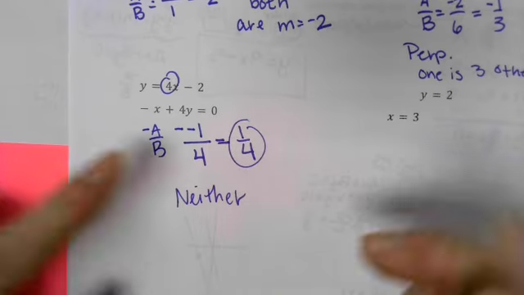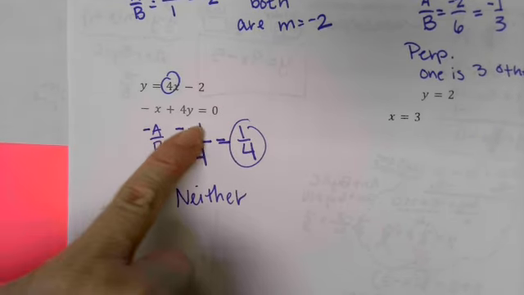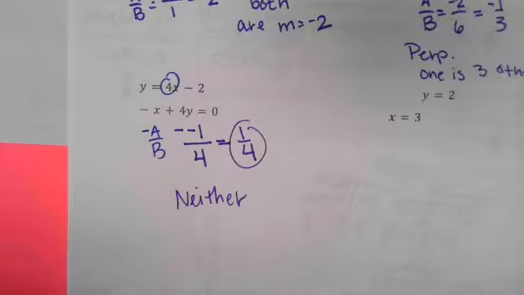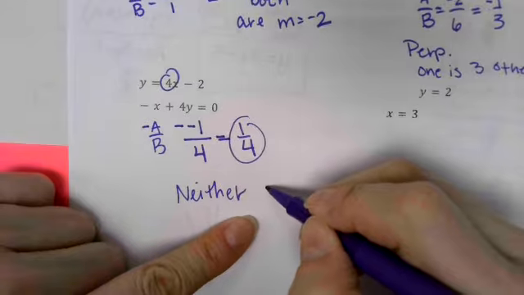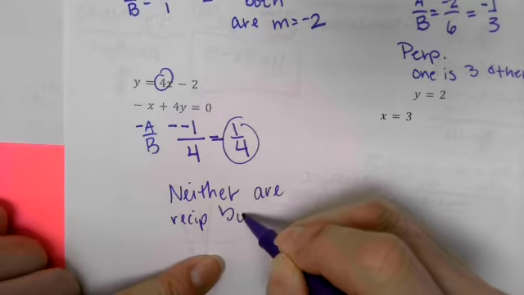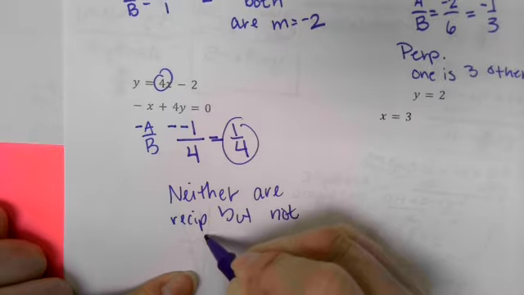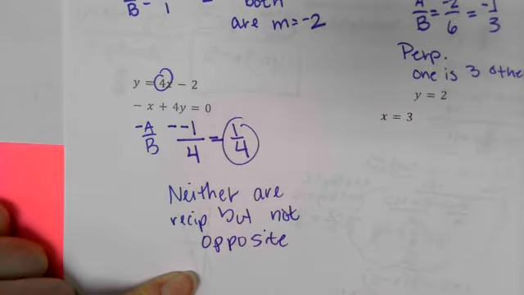Also, if you're working with double negatives, you sometimes might question whether you're doing it right. So remember, you can always isolate y and then really play it safe because you can see all the steps to it. But these two are reciprocals, but not opposite. That's why they are neither.